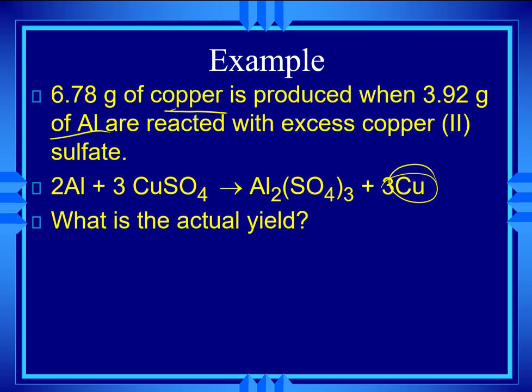Not can be produced, is produced. Somebody did this. Does that make sense? So the actual yield is 6.78 grams of copper. They either have to give you the actual or the percent, one or the other.